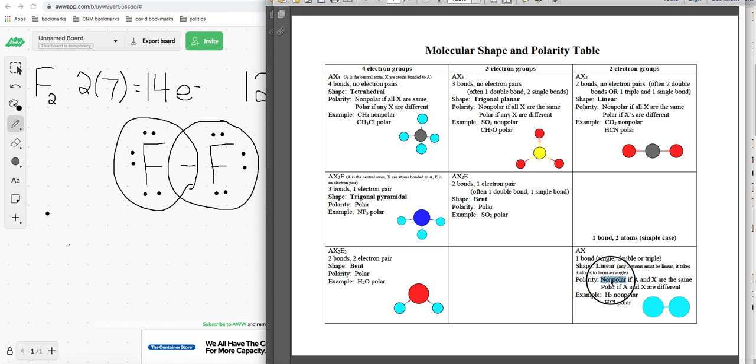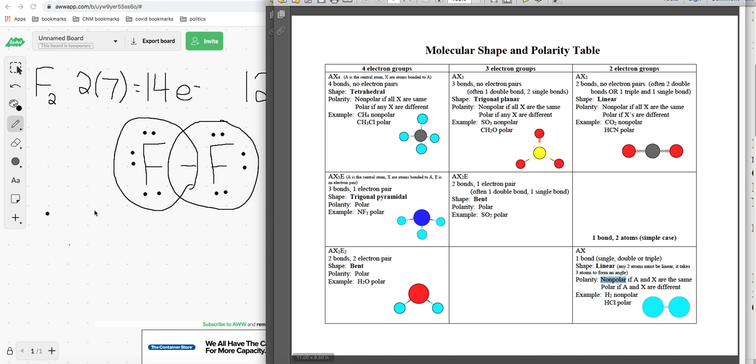So an atom is nonpolar in this case if A and X are the same. We're calling AX the formula here. So in this case, our formula is F2, which means that the A is F and the X is also F. So they're the same, and that means this example is nonpolar.